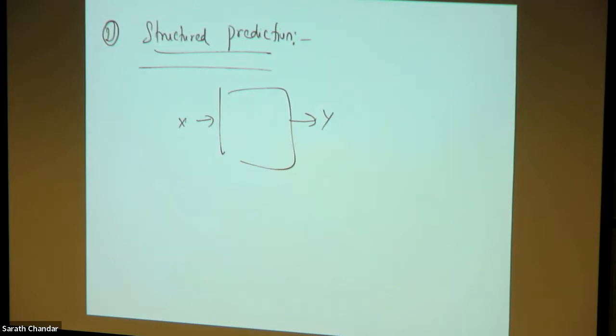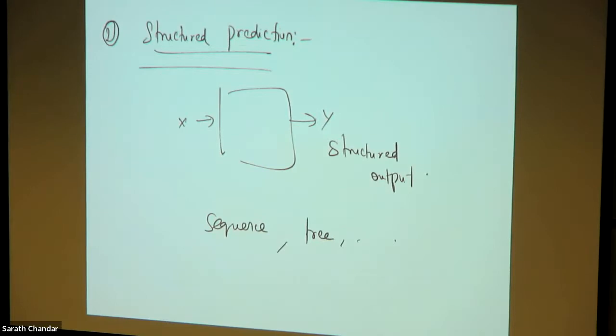Now, instead of that, what if you have to predict some structured output? By structured output, what do I mean? For example, what if you have to predict a sequence or a tree and so on, right? That is the idea of structured prediction.